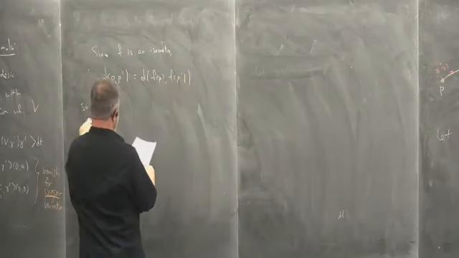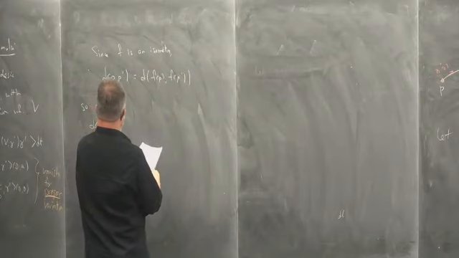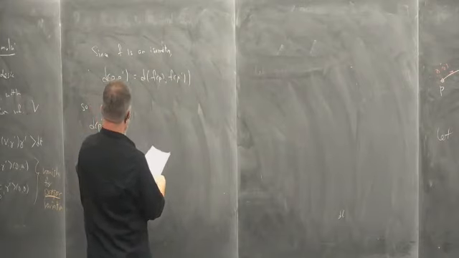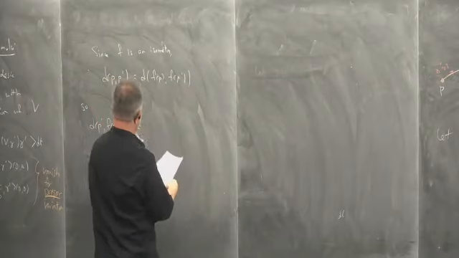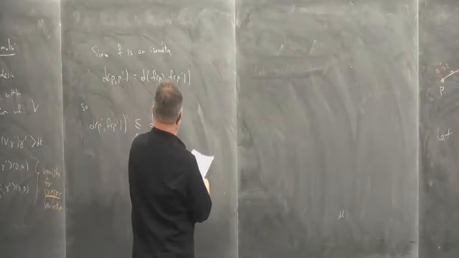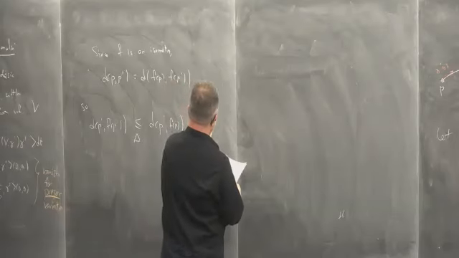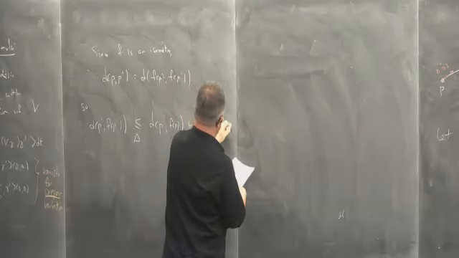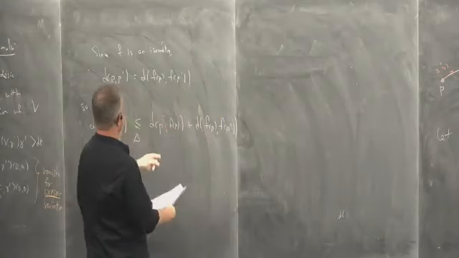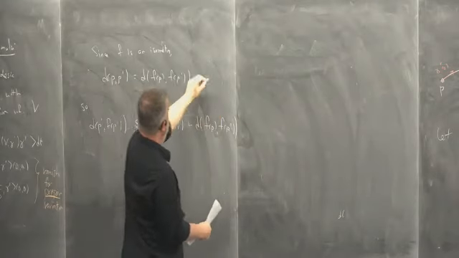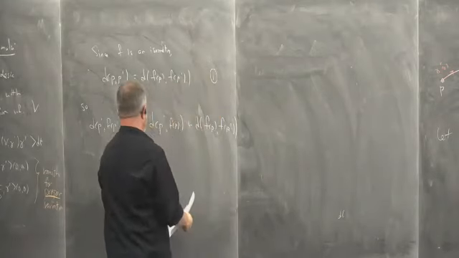Okay, so the distance from P prime to F of P prime, by the triangle inequality, is less than or equal to the distance from P prime to F of P plus the distance from F of P to F of P prime. Right, that's just the triangle inequality. But now I'm going to use equation 1.